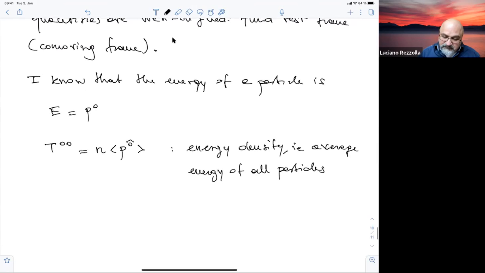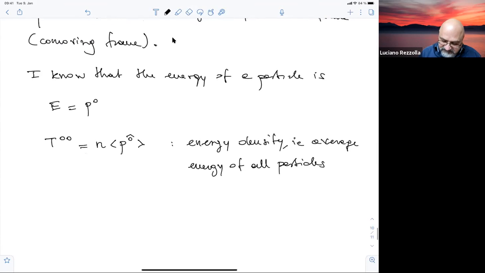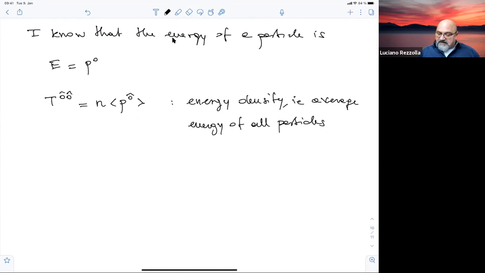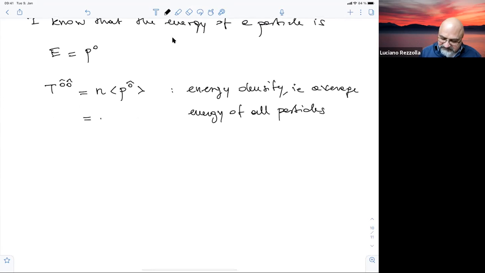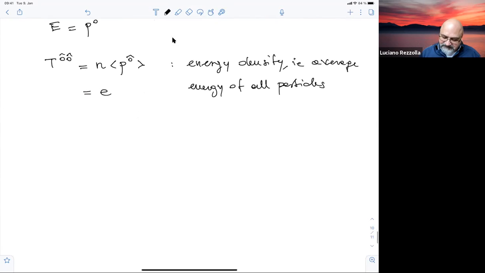And to remind myself that I am in a co-moving frame, I'm putting these little hats. Okay, so we have a first slot for this guy over here. And I'll give this a little letter E.